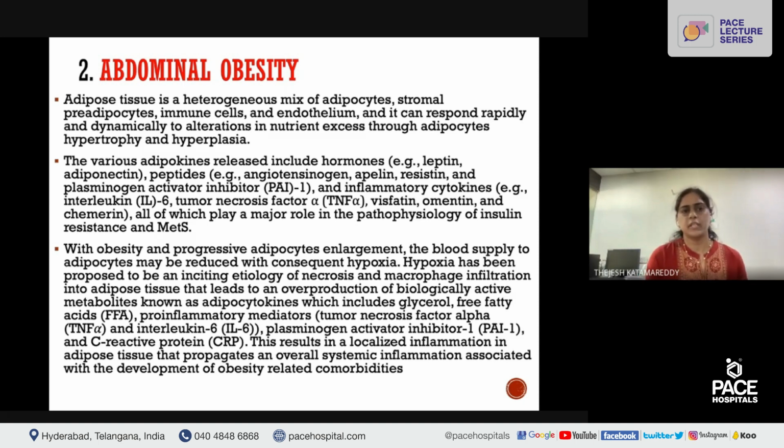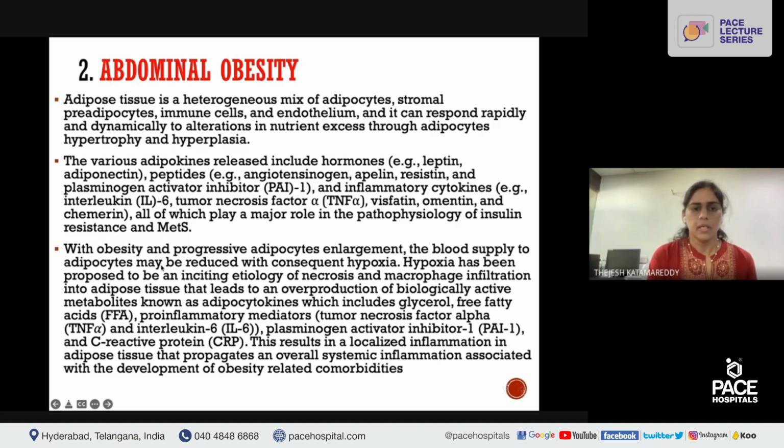Once the adipocyte is hypertrophied or hyperplastic, various kinds of adipokines are released, which include hormones like leptin and adiponectin, peptides like angiotensin, apelin, resistin, and plasminogen activator inhibitor, and inflammatory cytokines, interleukins. All these adipokines are released when there is excess storage of fat in the adipose tissue.